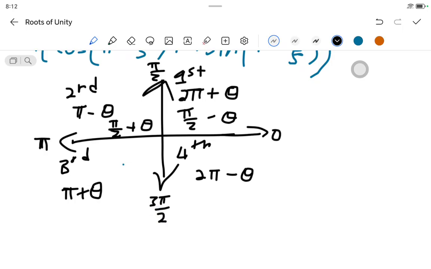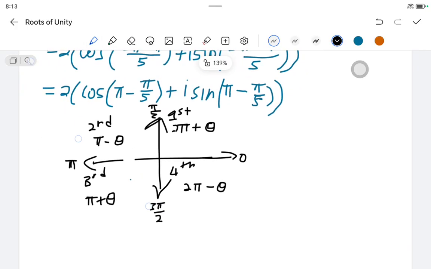Meaning that this one would be 3 pi over 2 plus theta, and pi over 2 minus theta. But these ones, we can just leave them out for now, because our focus will always be on this one of pi.